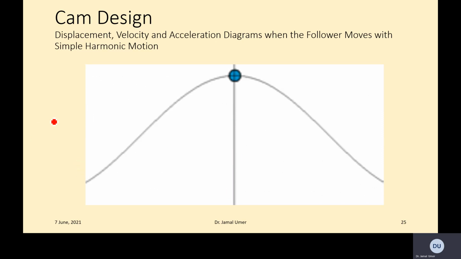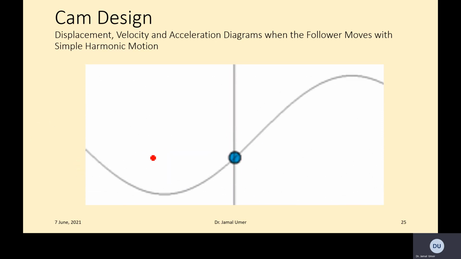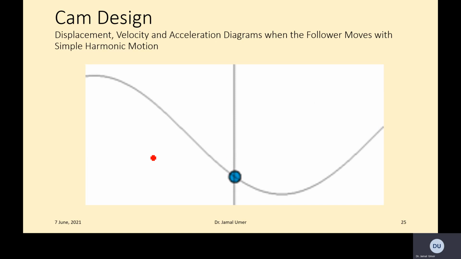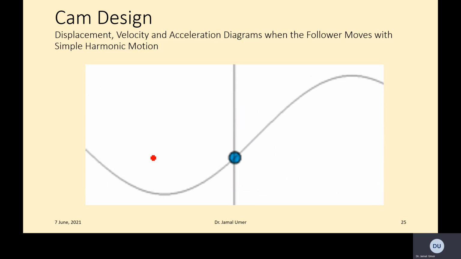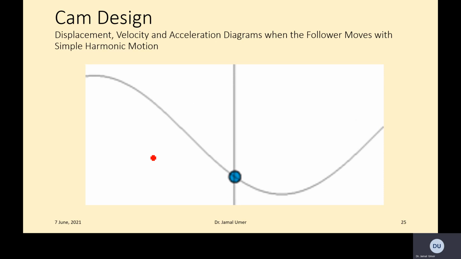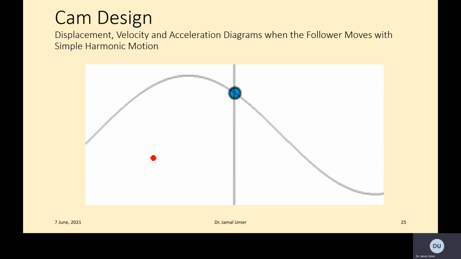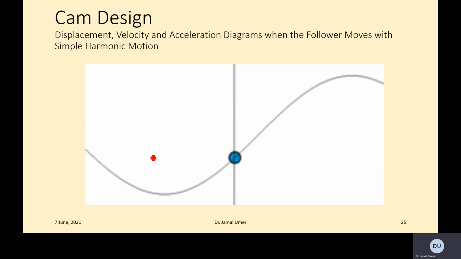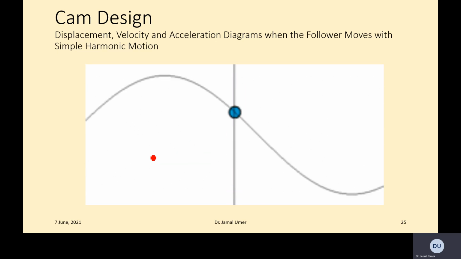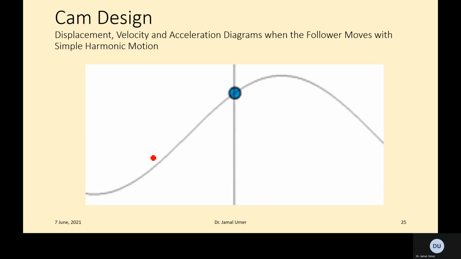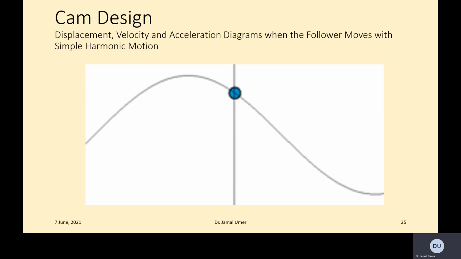Why we need such analysis is because it's relatively simpler to analyze the geometries if it's following a simple harmonic motion. So now we will look at the cam as performing a simple harmonic motion from now onward, and then we will use that to construct the cam profiles.